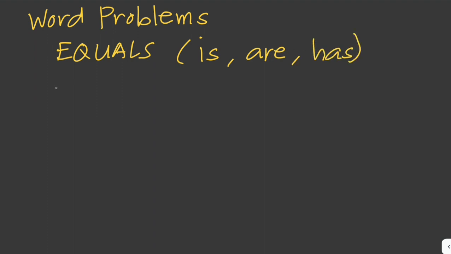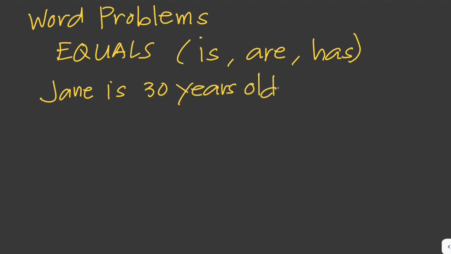Let's say Jane is 30 years old. You can write this as J equals 30. Is here means equals.